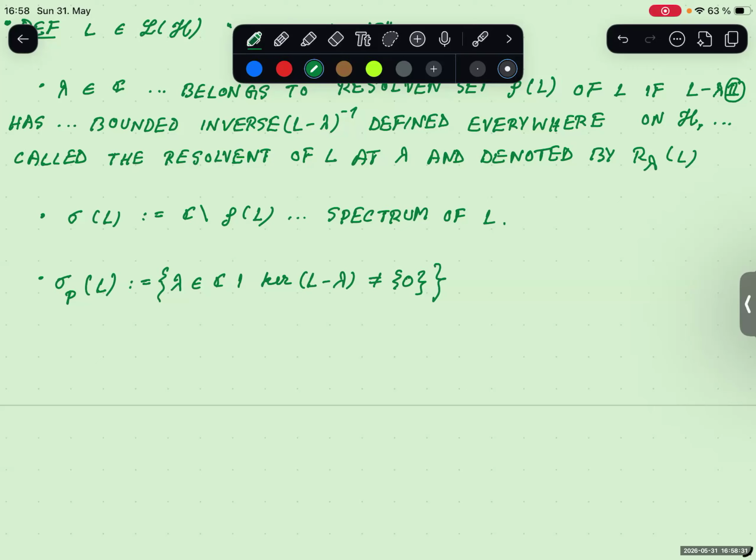This is called the point spectrum of L. We call an element of the point spectrum of L an eigenvalue.